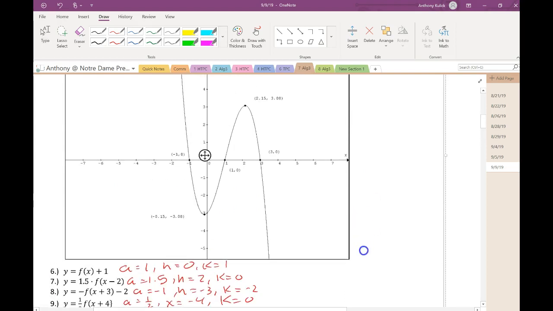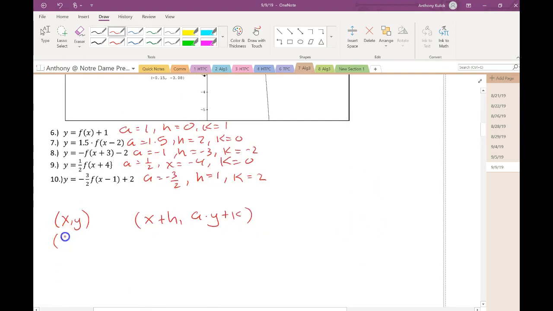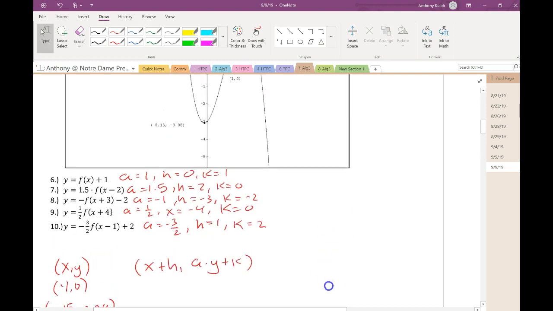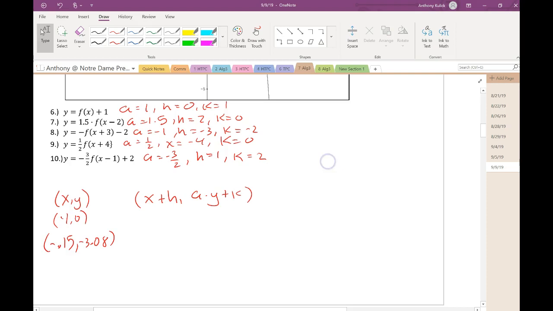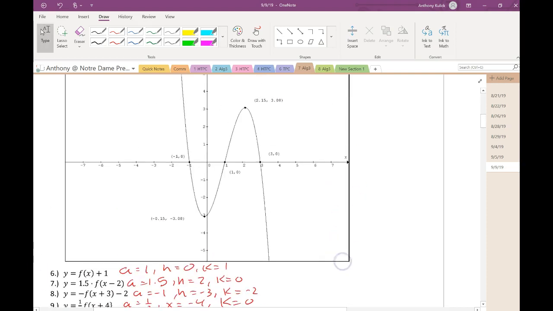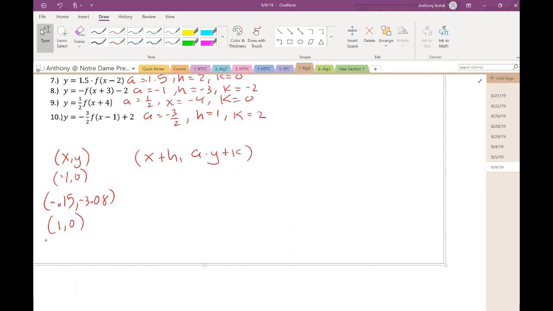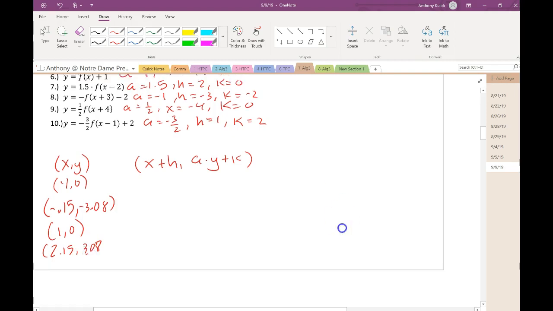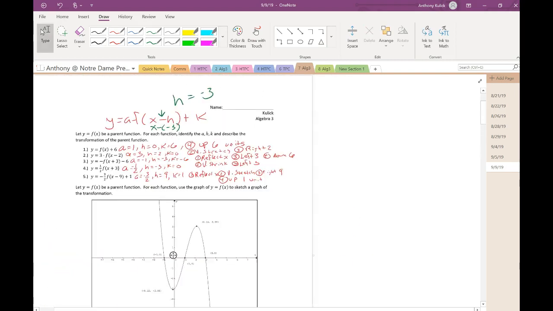So I have negative 1, 0, negative 0.15, negative 3.08, 1, 0, and then 2.15, 3.08, and then the last one is 3, 0.